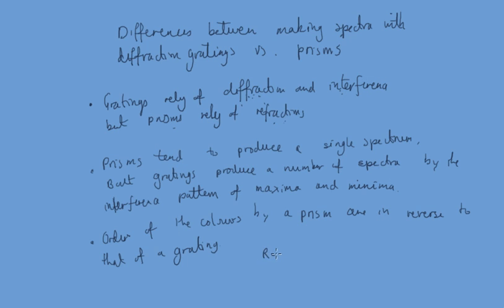So in the prism you'll have your red nearest the normal, and then it will go to your yellows, and then your blues, and your purples.